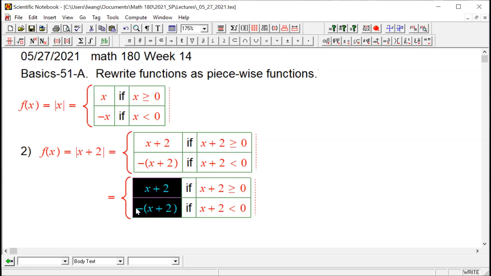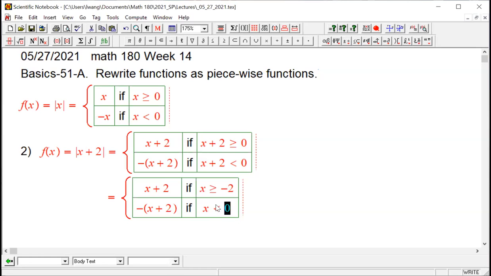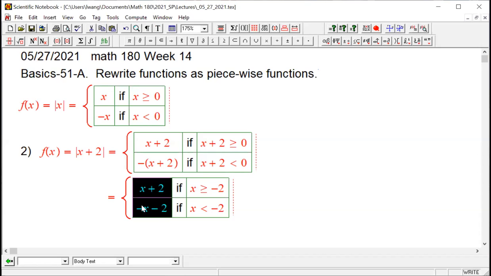The value you don't have to change. And over here, you just solve this inequality. This becomes x greater than or equal to -2, and this turns into x less than -2. At most you would do minus x minus 2, which is not critical. You don't need to change anything here. You just have to solve these two inequalities. You guys follow me?